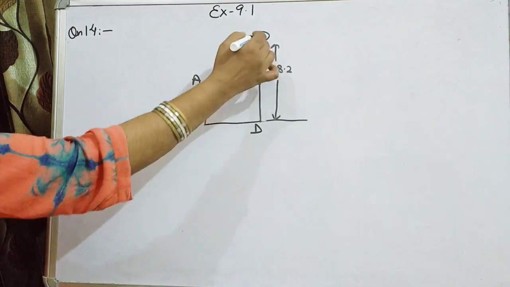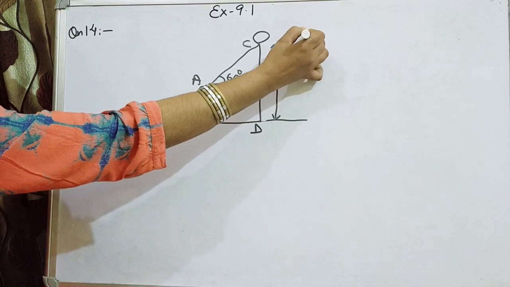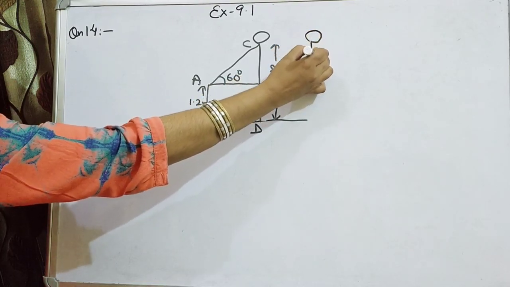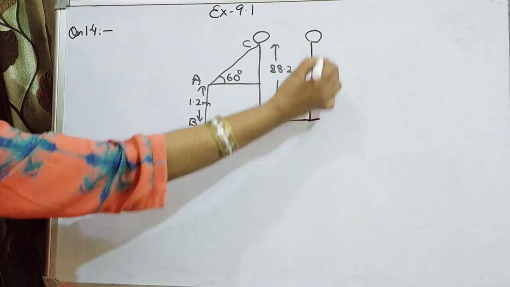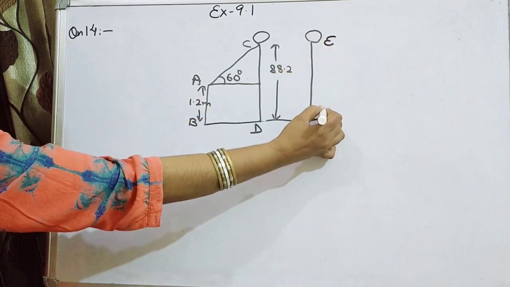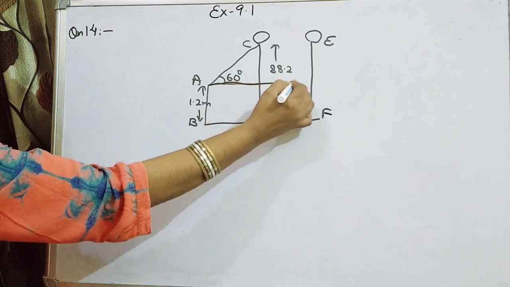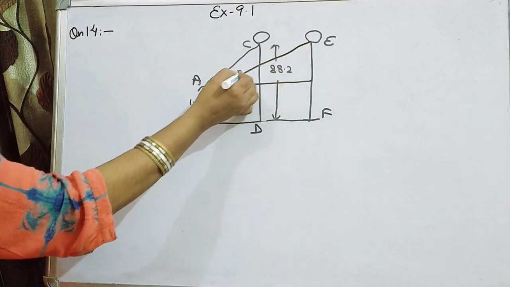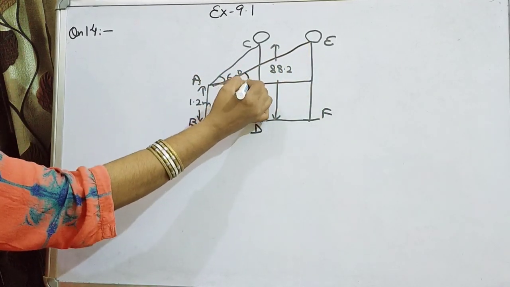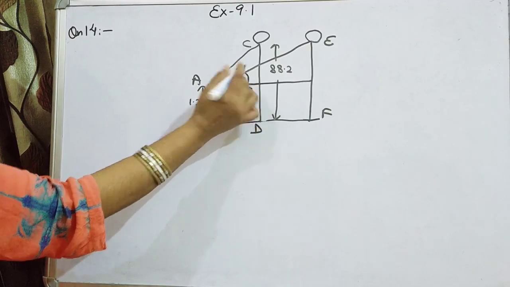So let us suppose this balloon, after some time, reaches here at point E. Let's say this point is F, and the angle of elevation again with a horizontal, and this is the line of sight, and this angle must be 30 degree.